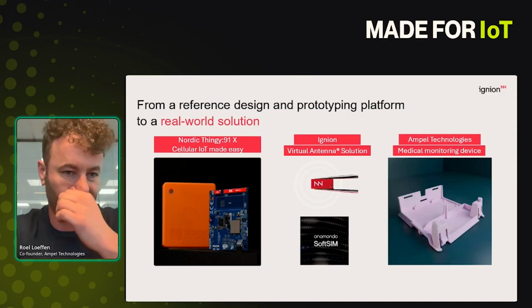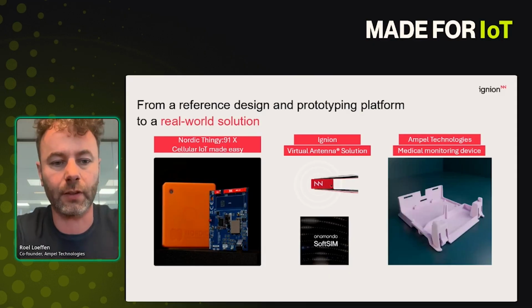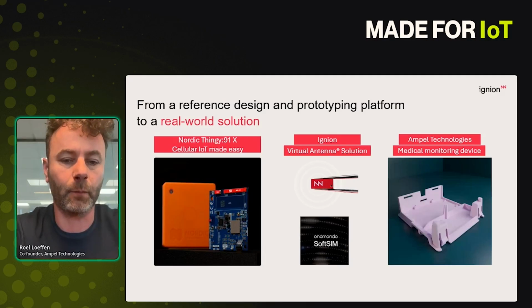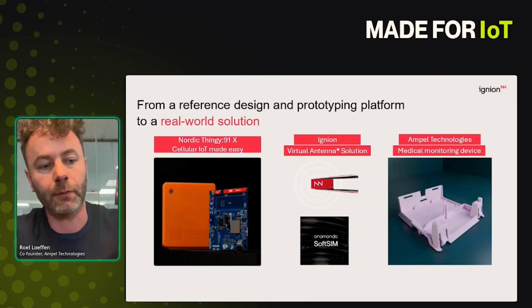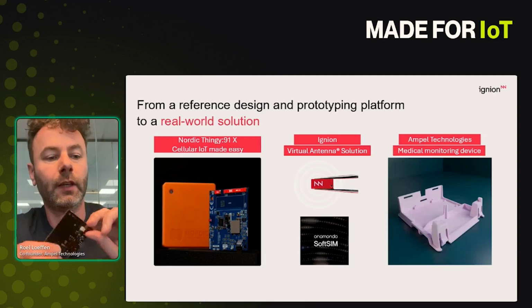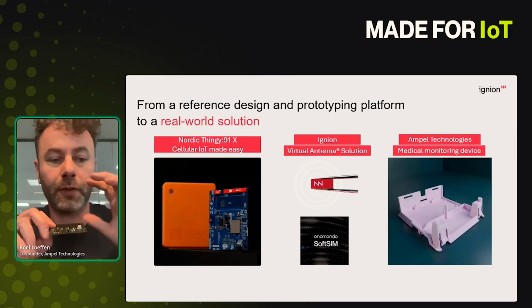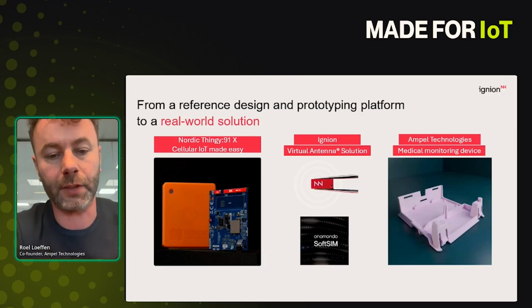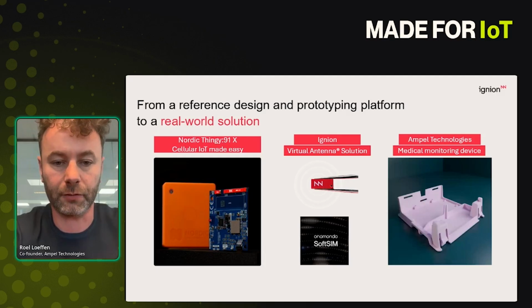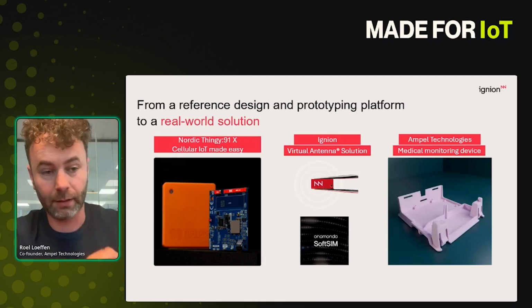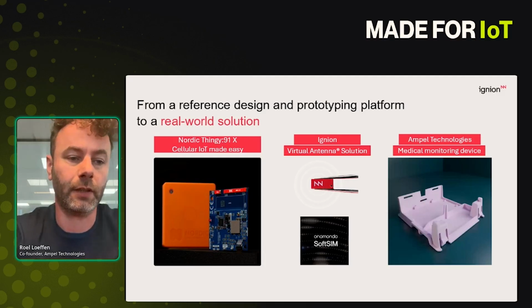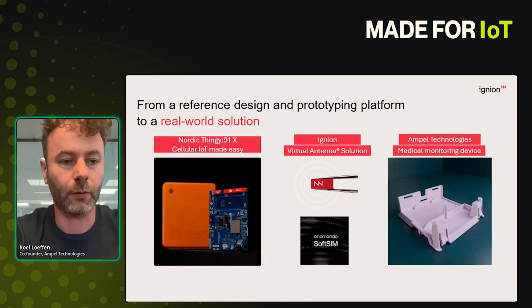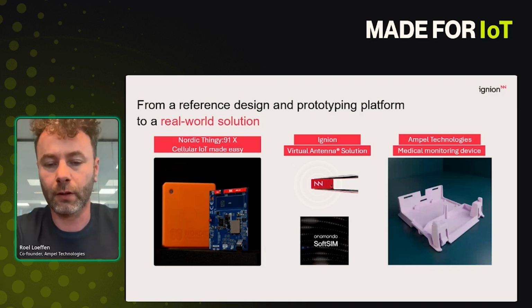We started off with a physical SIM card only for testing on the 91X, but in our device we completely removed the SIM card slot. We removed the eSIM, so we 100% rely on the soft SIM of Onomondo, which has really been a pleasure. It reduces cost, but it's also very flexible.